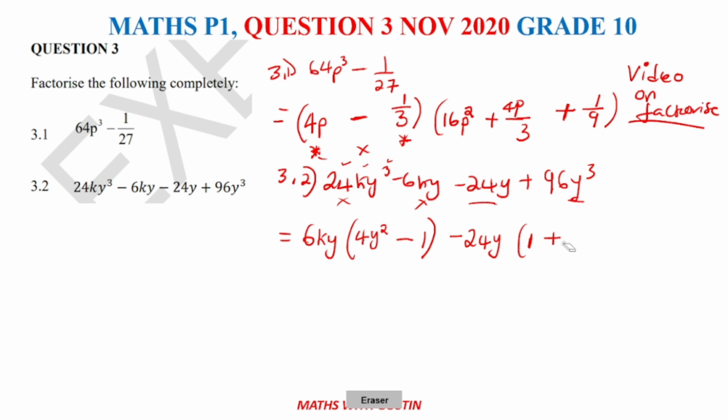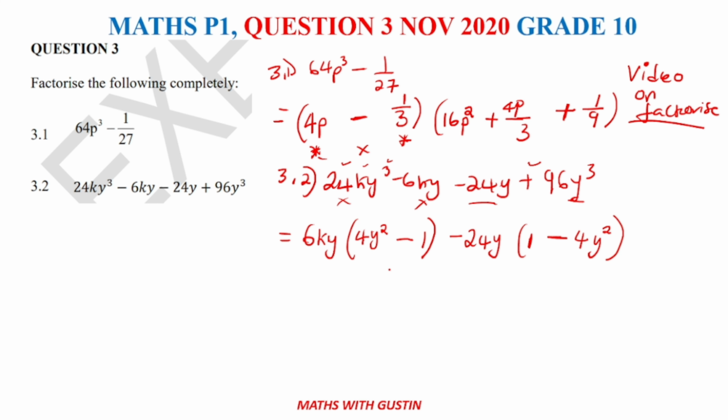We took out negative, so here is going to be minus, so that negative times negative will give us positive. Great stuff. 24 times how much will give us 96? 24 times 4, therefore y times y squared will give us y cubed. Okay, there you go.